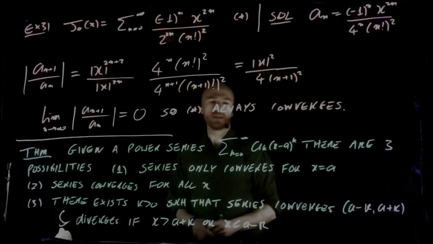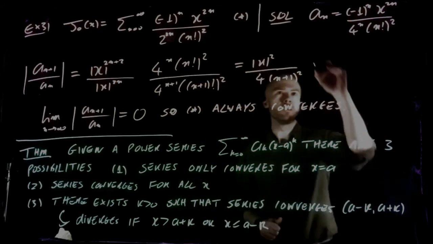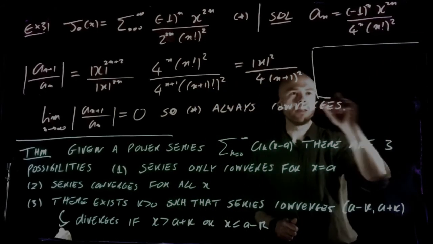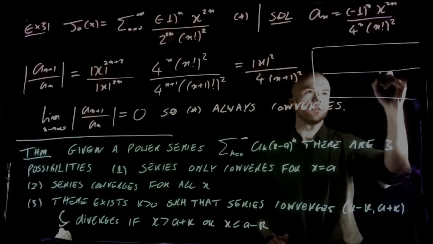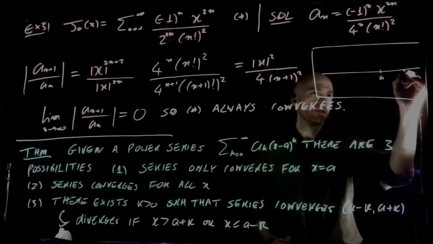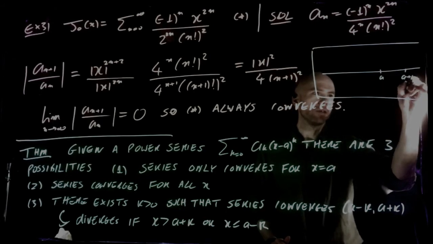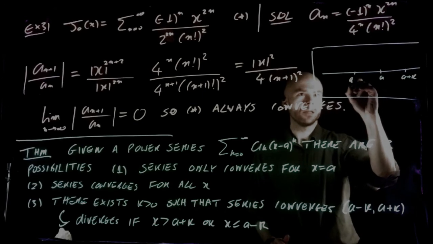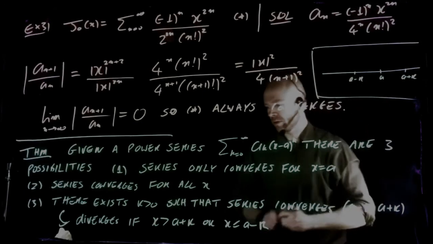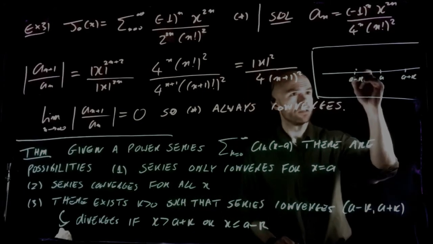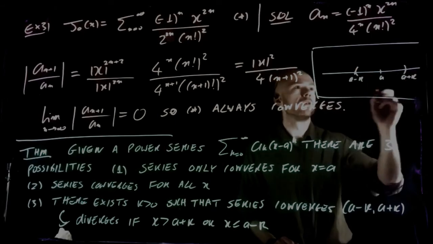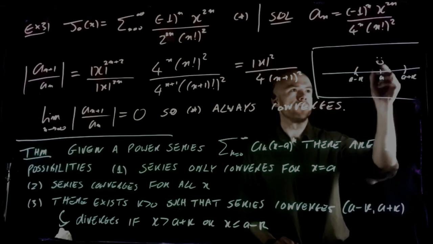And this R is called the radius of convergence. So let me put a little picture in right here. If this is a, then this is a plus R, and this here is a minus R. Everything strictly between these numbers will converge.